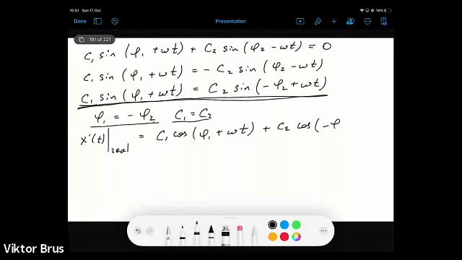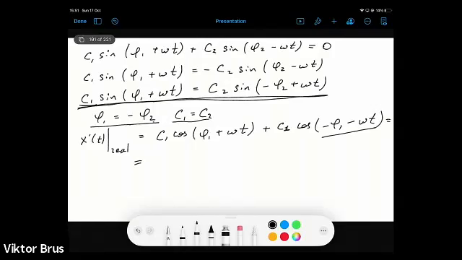So that's why we can write here C1 instead of C2, because they are equal to each other. And instead of phi2, we write minus phi1 minus omega t. So now we need to change the sign of the argument next to cosine, but that will not change the cosine, because it doesn't matter if the argument of cosine is plus or minus, it will give us the same result.